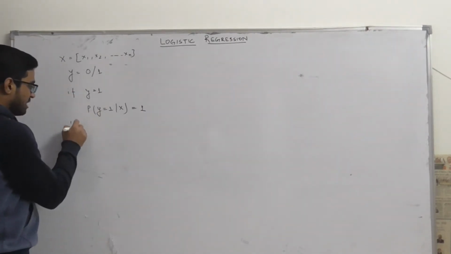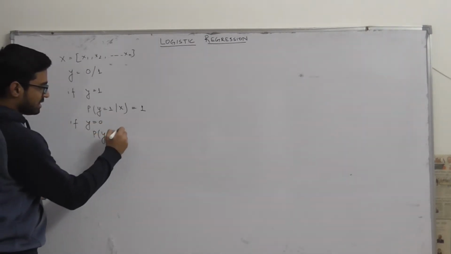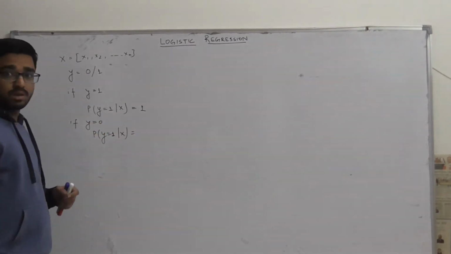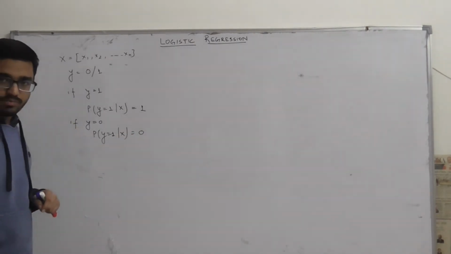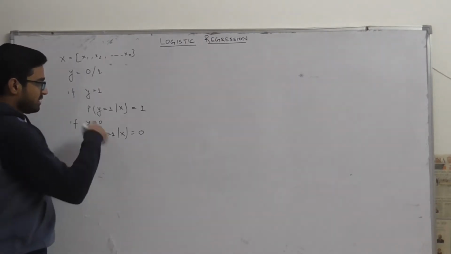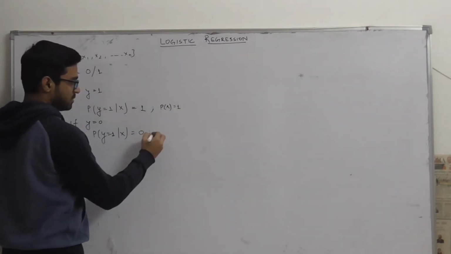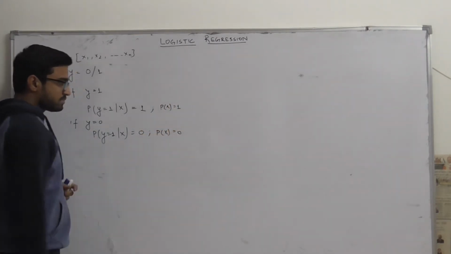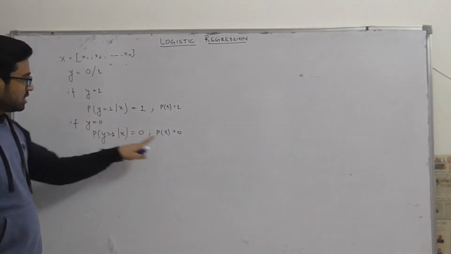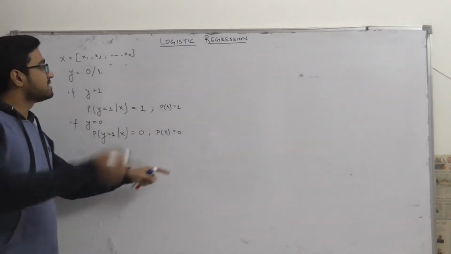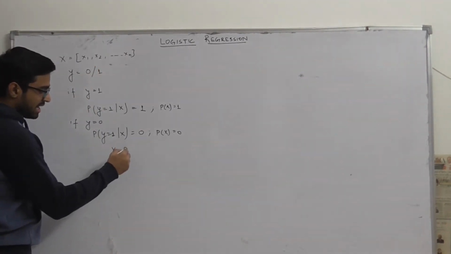And if y is equal to 0, then the probability of y equal to 1 given x would be equal to 0, because we know that y is 0. We can represent this probability as p of x equal to 1 and this one as p of x equal to 0. Hence when y is equal to 1, p of x is 1, and when y is 0, p of x is 0. Now our problem becomes that we have to find a relation between x and p of x.